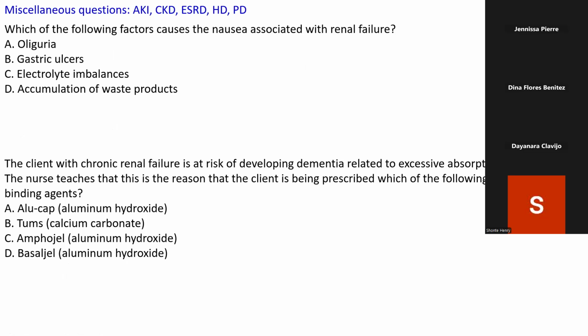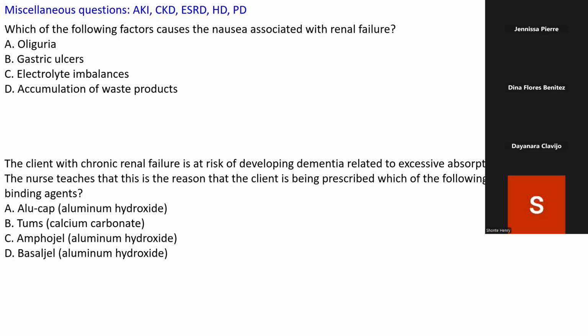Which of the following factors causes the nausea associated with renal failure? Patients develop nausea, a well-known manifestation in patients with end-stage renal disease. They have nausea and sometimes vomiting, the GI symptoms. What is the source of the GI symptoms?